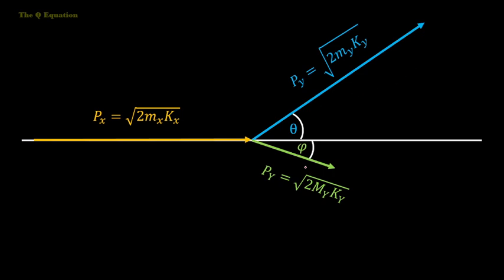Now, both the daughter nucleus and outgoing particle have a longitudinal component of momentum and a transverse component of momentum. The longitudinal momentum components are along the direction of the projectile momentum and transverse momentum components are perpendicular to the longitudinal axis.